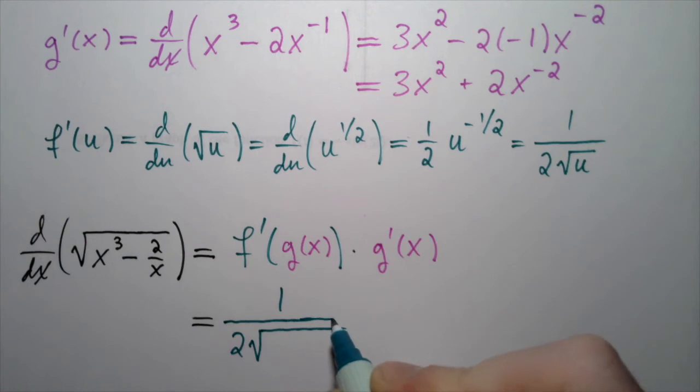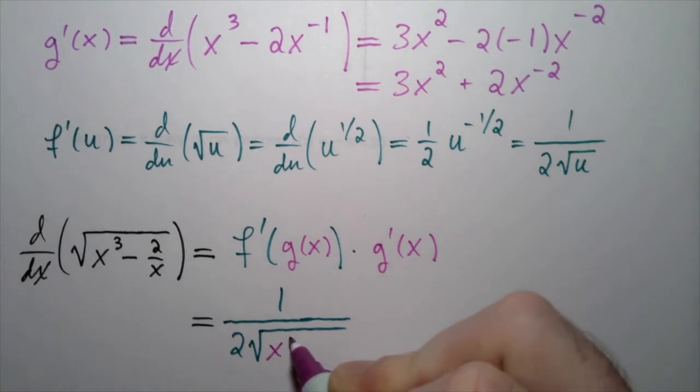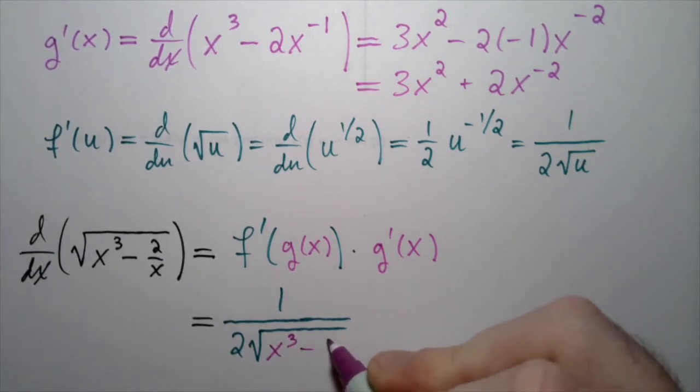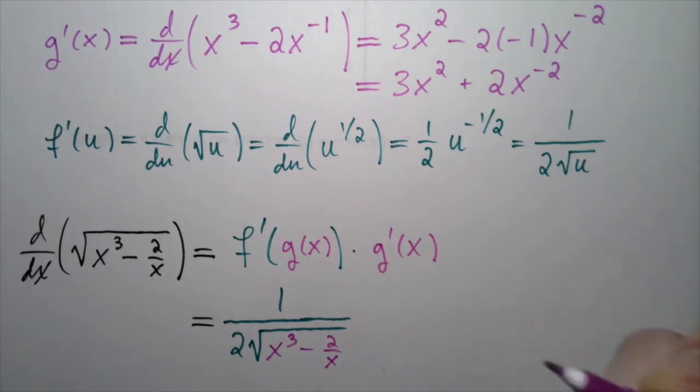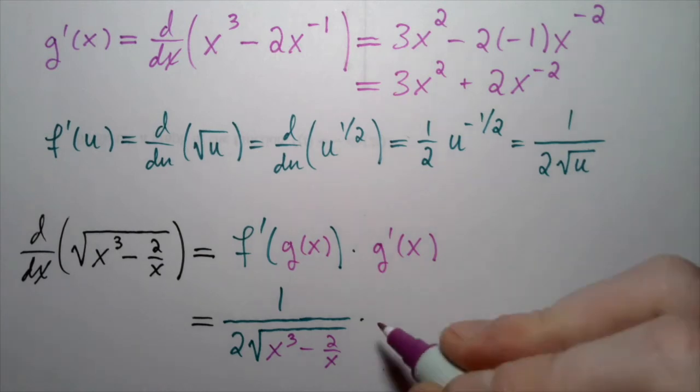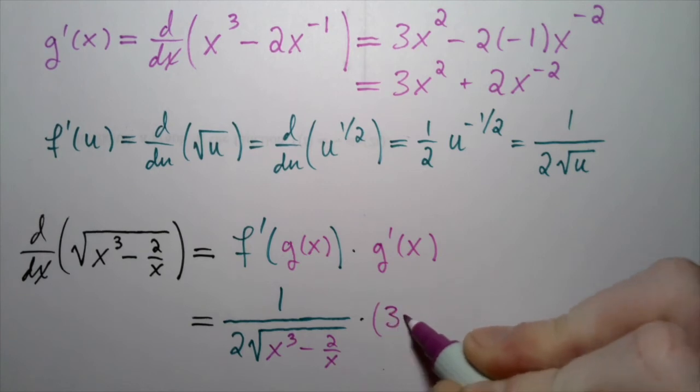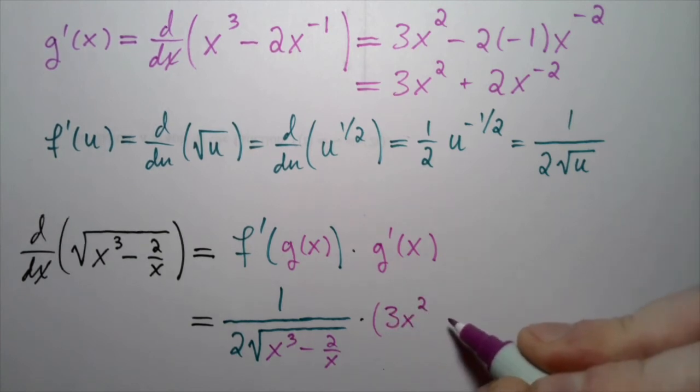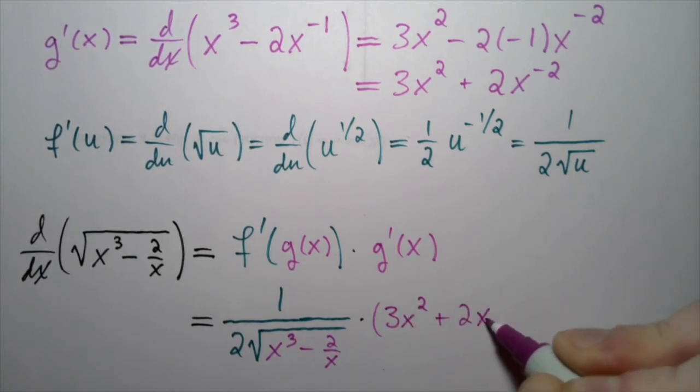And I'm going to leave some room because g of x has multiple pieces. What was g of x? It was x cubed minus 2 over x. Alright, so I've plugged in the function g of x into the derivative of f. And now I'm going to multiply by the derivative of g. We just computed that up there. It's 3x squared plus 2 times x to the minus 2.